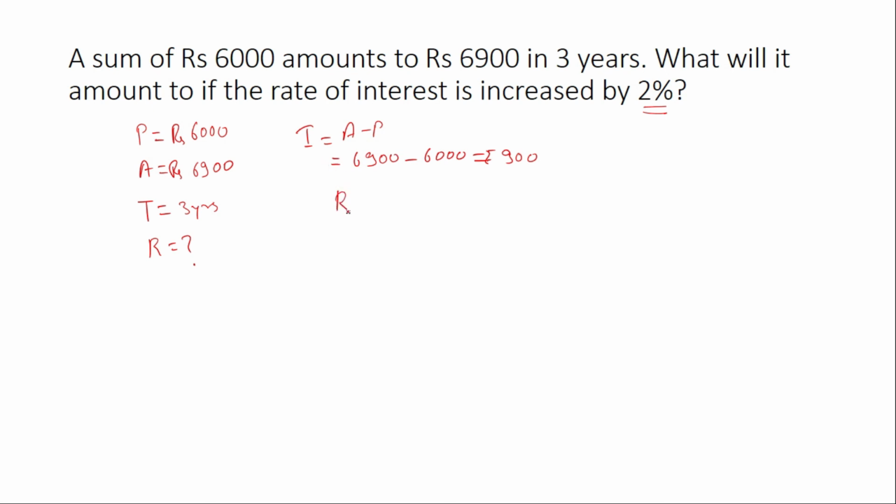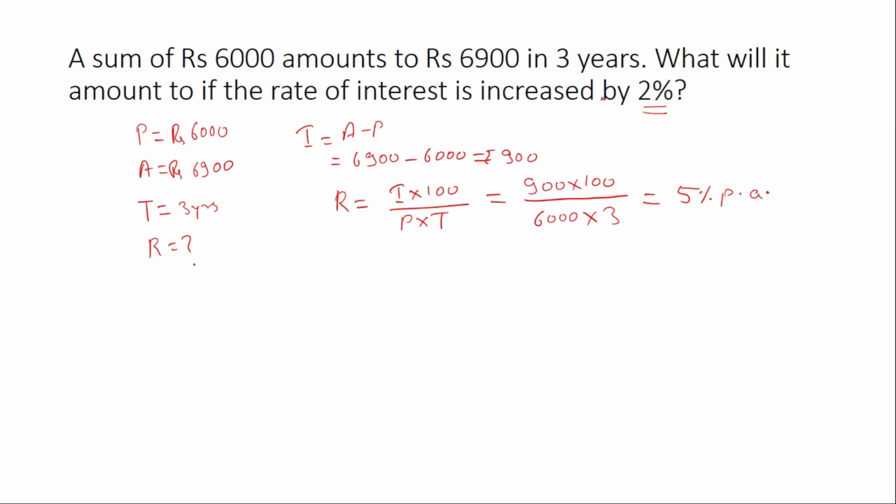So formula for rate is I into 100 by P into T. Value of I is 900 into 100. Principal is 6,000 and time is given 3 years. When you will solve it, you will get the rate as 5% per annum.